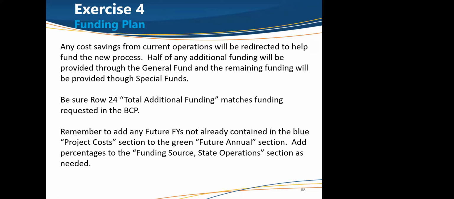That's a very good question. Anytime that you are dealing with that funding portion, I would recommend that you are working with your budget staff and also with ITCU, because they're the ones that are going to need to know what kind of funding you're using, especially when it relates to a BCP.